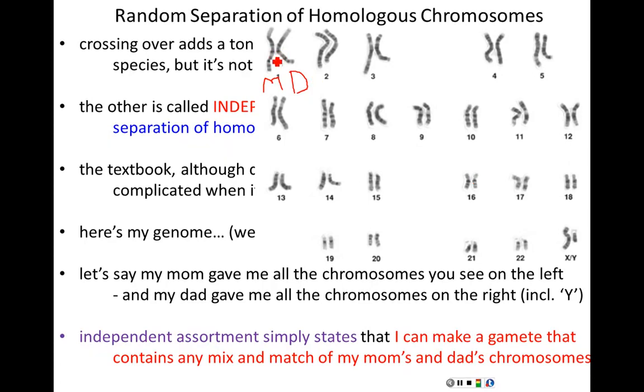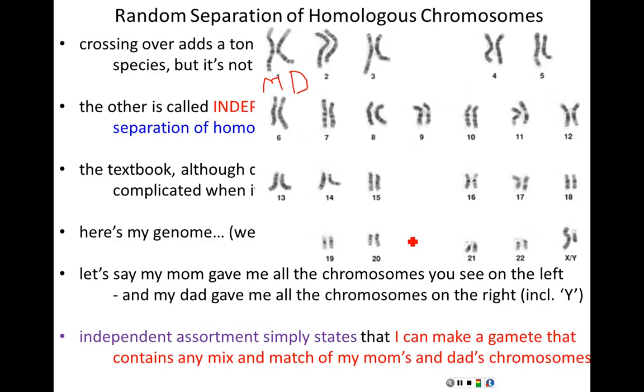But independent assortment says you can do whatever you want. There can be a gamete that has mom's chromosome number 1, mom's chromosome number 2, dad's chromosome number 3, mom's chromosome number 4, dad's chromosome number 5, dad's chromosome number 6, mom's chromosome number 7, and so on. That gamete is going to have one and only one of every chromosome pair, satisfies that rule, and that's the only rule.